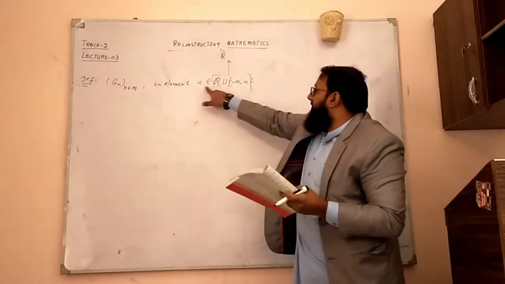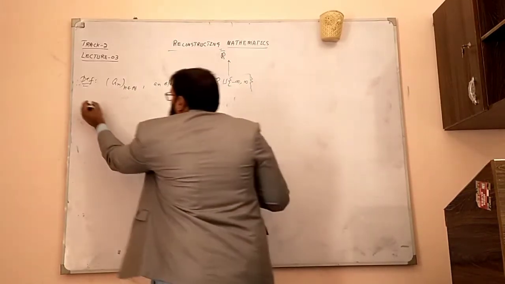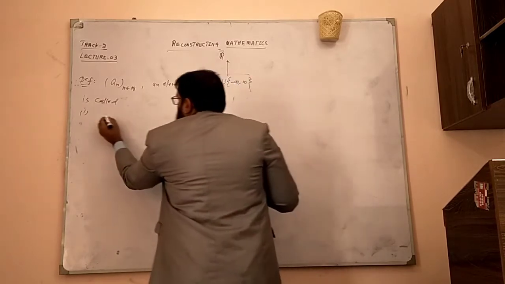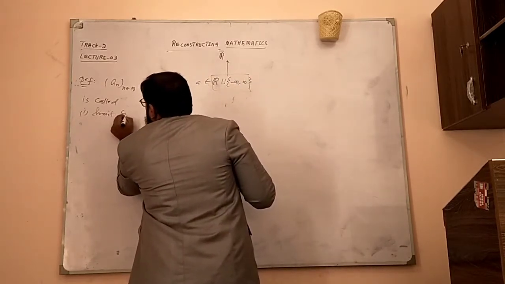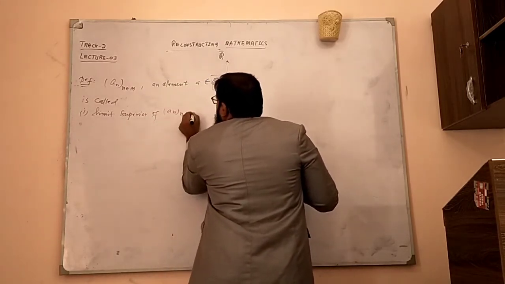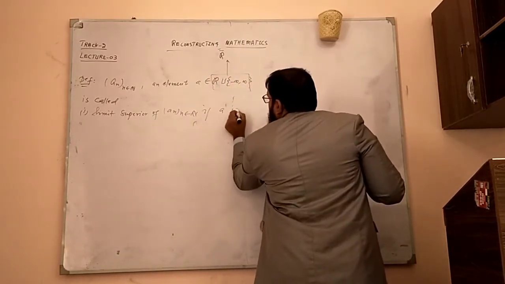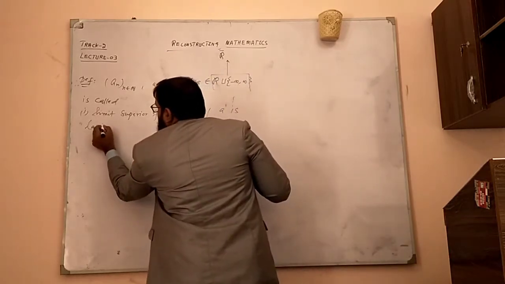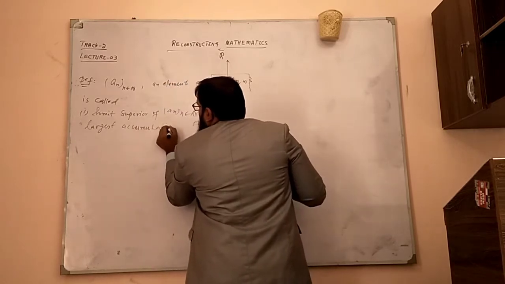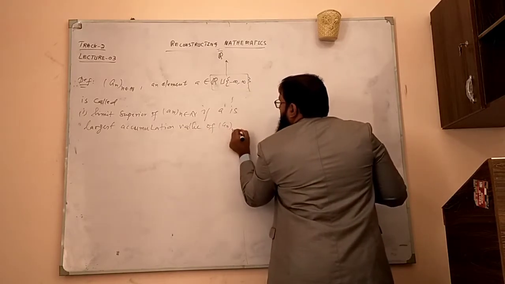It means this value can be any real number, or it can be -infinity and +infinity as well. It is called the limit superior of your sequence an if this A is the largest accumulation value of an.